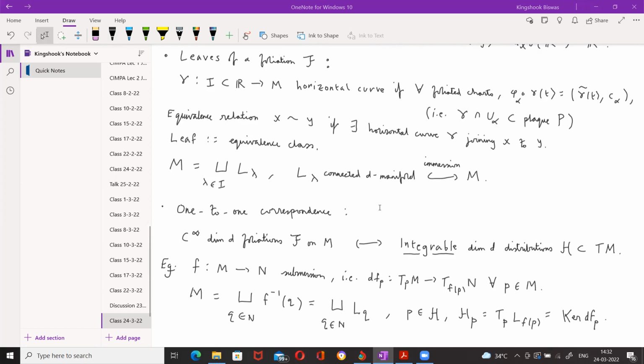The distribution corresponds to a Lie subalgebra. With the Frobenius theorem, we show that the distribution you get by transporting a subspace of the tangent space at the identity by left translations across the whole group is integrable if and only if that subspace of the Lie algebra is a Lie subalgebra, closed under brackets.